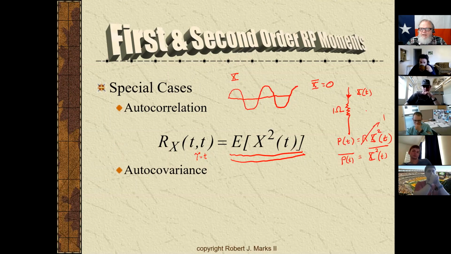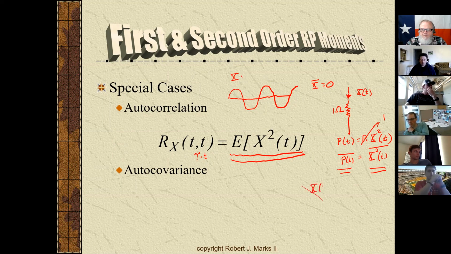You could do the same thing for voltage, where the applied voltage was a stochastic process. But in both cases, the instantaneous power is equal to x squared bar. And so what we would have to do is compute the second moment of the stochastic process in order to figure out the average power we were getting.